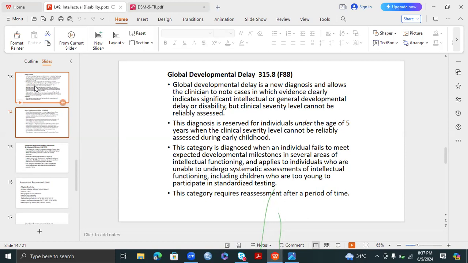Then you have to diagnose the person with a global developmental delay, because in that case the person would have to be reassessed after a period of time. The child is also too young to participate in any standardized testing. So this category will require reassessment after a period of time.